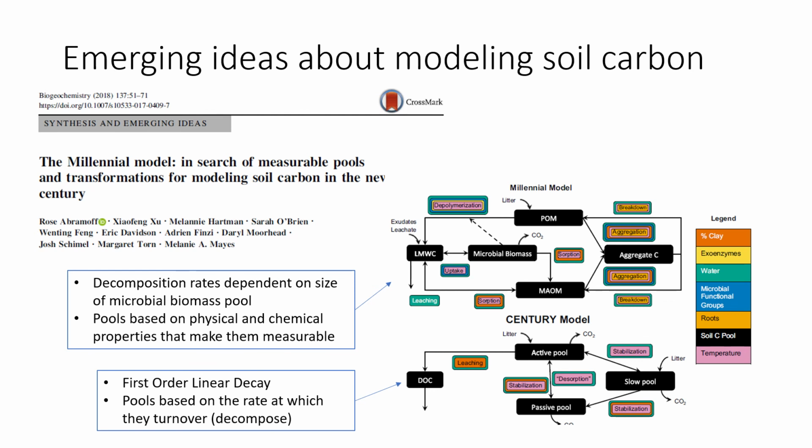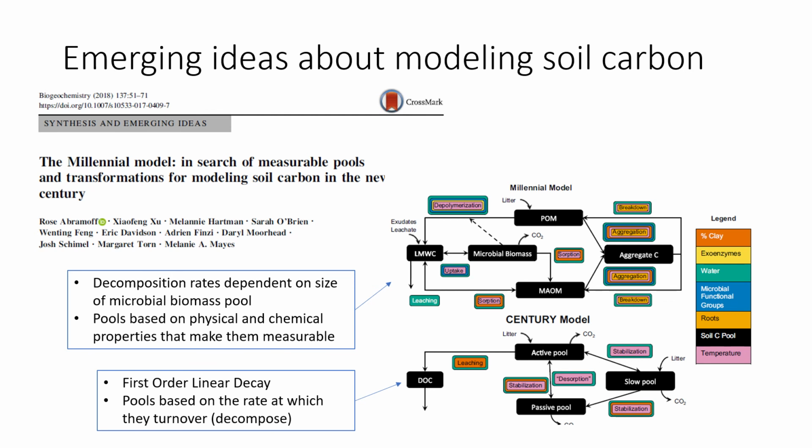often have a live microbial biomass pool. So instead of an active pool, which is really just a static pool, it's supposed to represent microbes, but it doesn't really change, it doesn't grow and die like a microbe pool would. A microbe pool would get bigger if there was a lot of material input into the soil, or if the microbes were starved, then there might be death of microbes and a smaller microbial biomass.